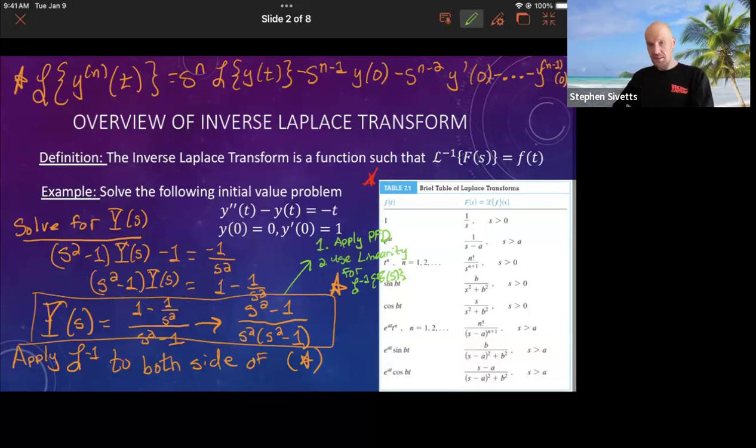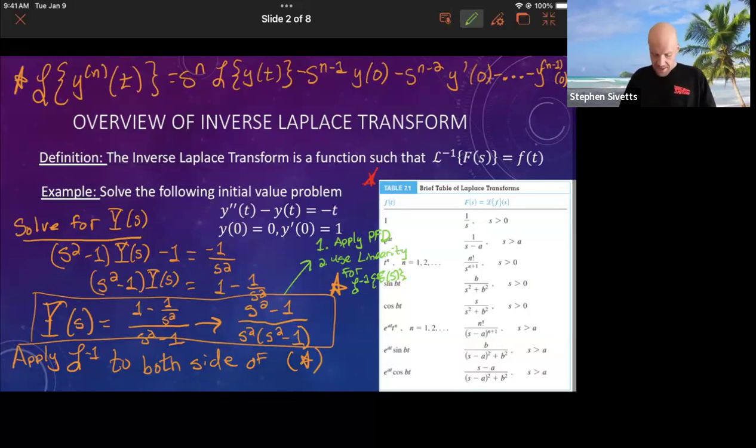You might have seen this in Calc 2, maybe. But there are going to be cases where we have different linear factors.